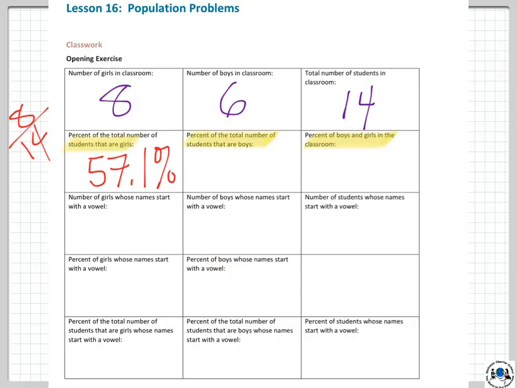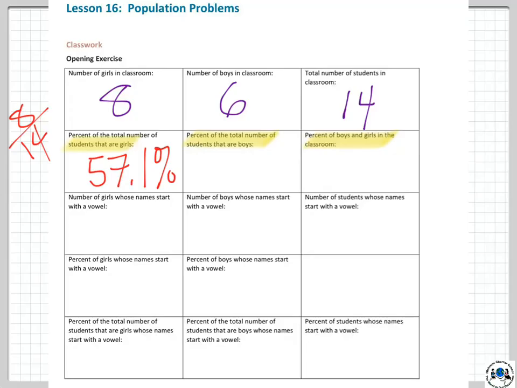And then boys, do the math there, and again I'm rounding to get these numbers. This was 42.9%. Okay, so there we go. Now we have the percent of the total number of students that are girls. If we fill that in, it's 8 divided by 14. That's going to give us 57.1%.